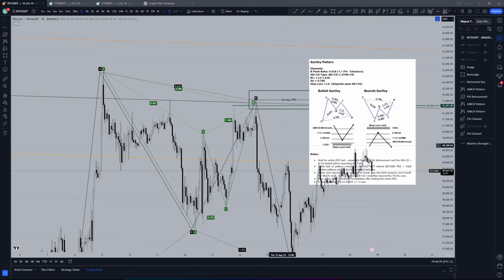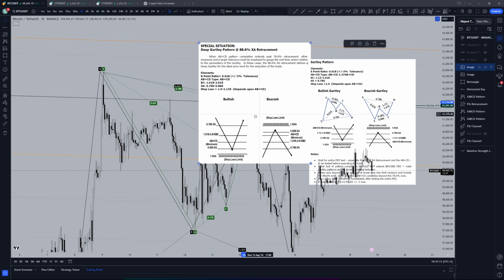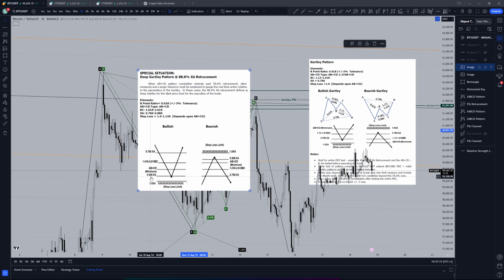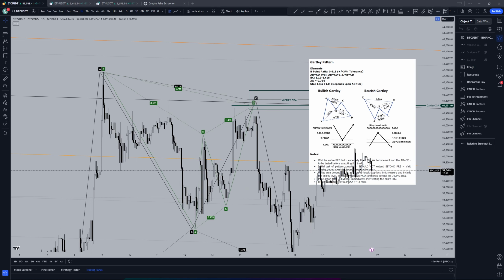You can have a Gartley or you can have a deep Gartley. So you either have this at a 786, or if I just pull this one up, we can have a deep Gartley at the 0.886. Because the Gartley has two versions of it, that's why I like drawing them manually.